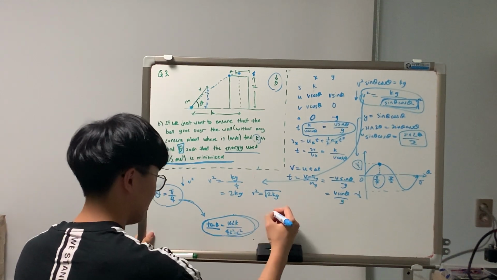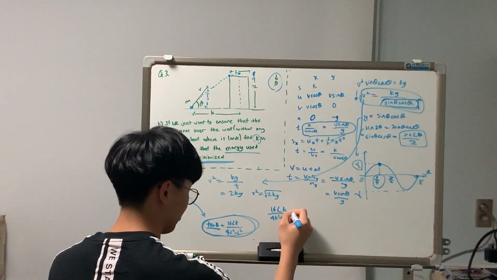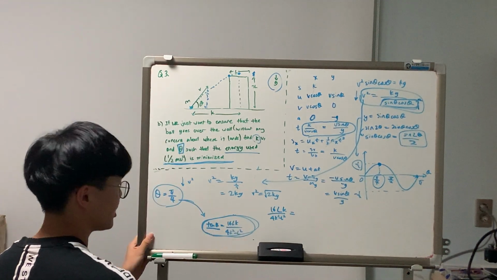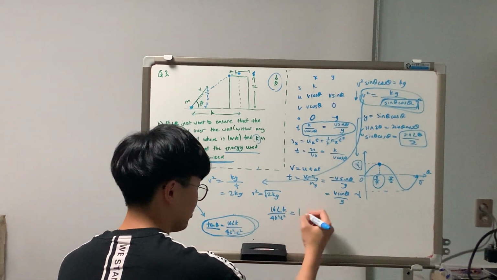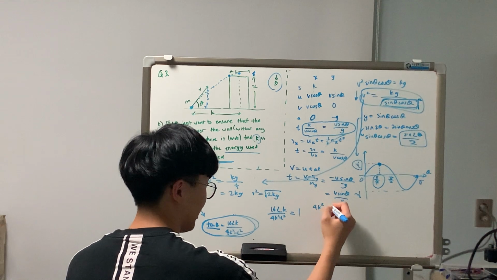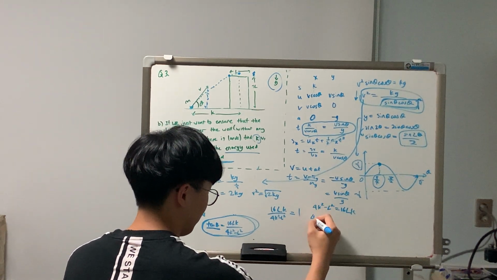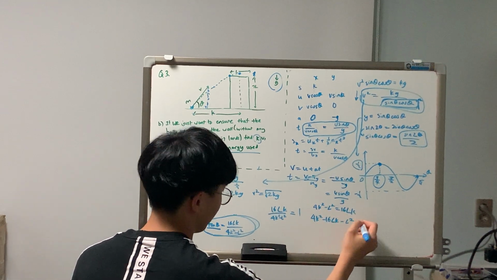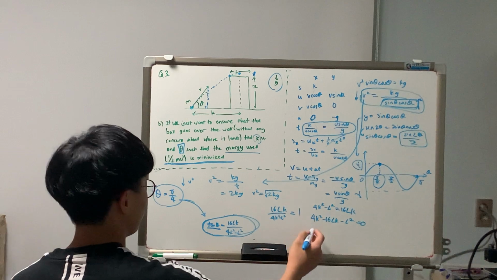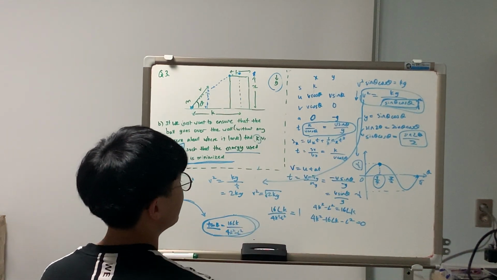We get 16lk over 4k squared minus l squared equal to tangent of pi over 4, which is tangent of 45, which is 1. By cross multiplication, we get 4k squared minus l squared is equal to 16lk. And so 4k squared minus 16lk minus l squared equals 0. So that's an equation with only one variable because l is a constant given by the question.